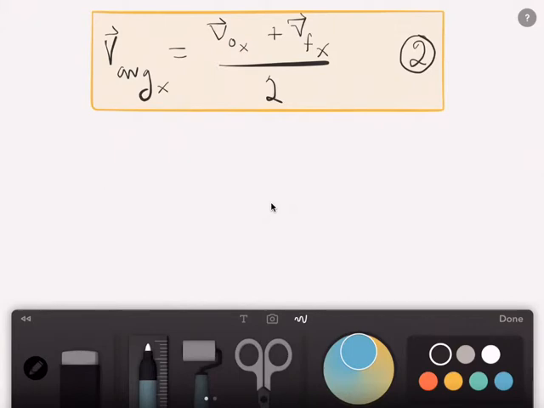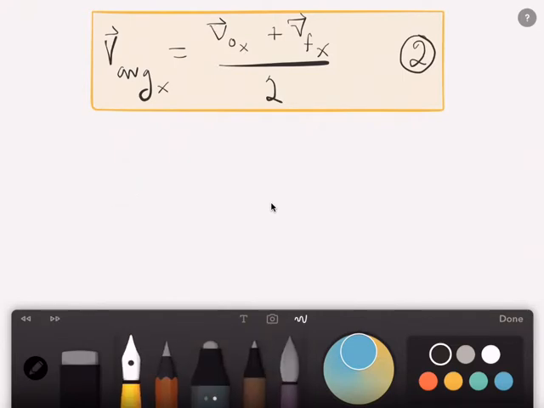The third axiomatic equation is going to be as follows. It's going to be the acceleration in the x direction. I could call it average acceleration, but we typically refer to it as constant acceleration. They are the same in this particular case.